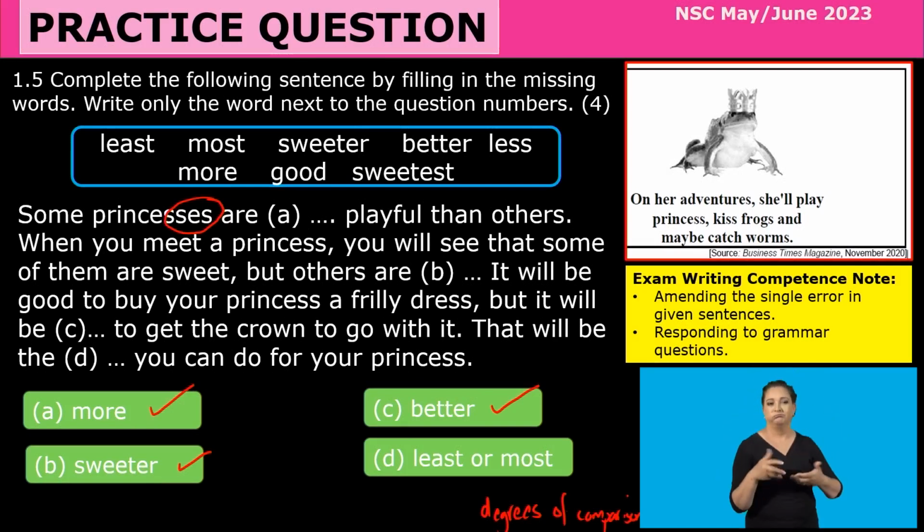That will be, okay, so you can either use the word least or most. And can you see that this is the superlative form now? That is the least you can do for your princess, or that will be the most you can do for your princess, all right?